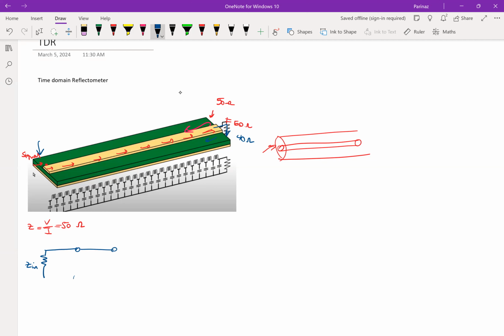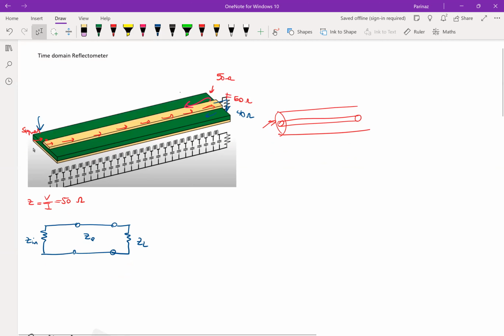The transmission line is shown with two conductors. It had a Z0, and then we have a ZL. That's our load, okay? So this reflection can happen right here, or it can happen right here, okay?